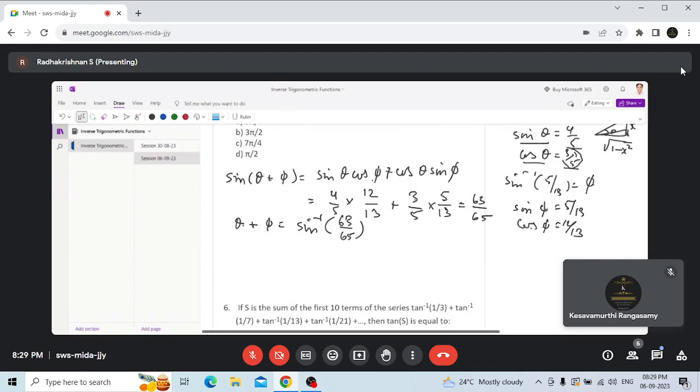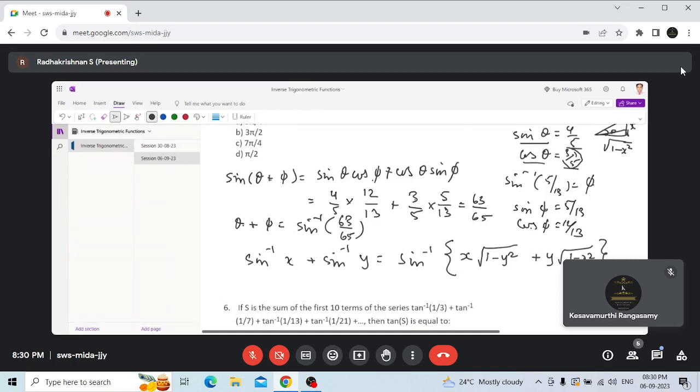The formula given in your book is sin inverse x plus sin inverse y equal to sin inverse of x into root of 1 minus y square plus y into root of 1 minus x square.